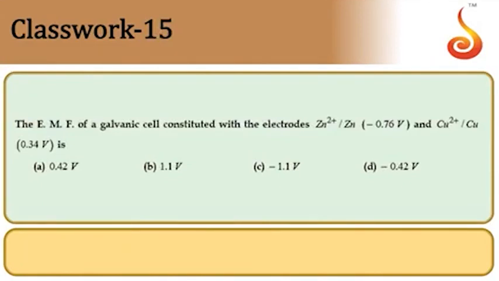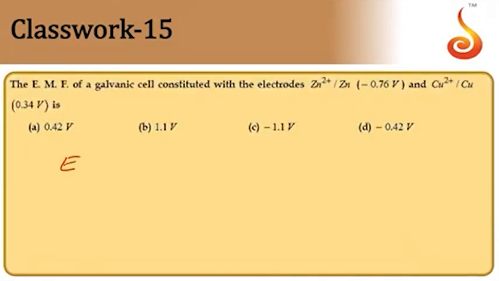The 15th one. The EMF of the galvanic cell constituted of electrodes Zn 2 plus Zn and Cu 2 plus Cu. Simple formula: E is given by E naught of cathode minus E naught of anode.